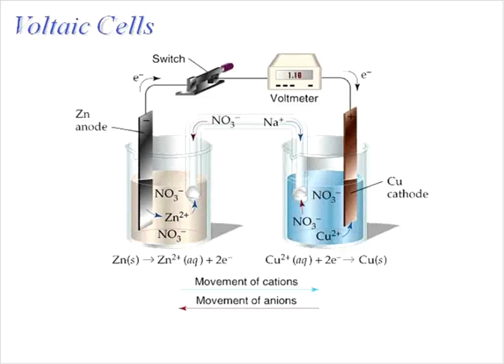Now note that current is a closed loop type of situation. So if you just look at the outside circuit, the outside wire that I was talking about, then that doesn't complete the whole circuit.